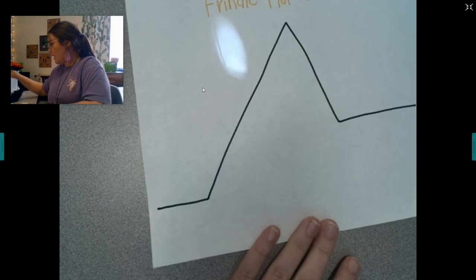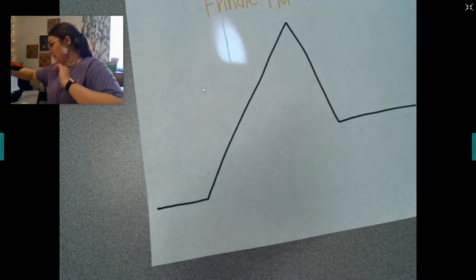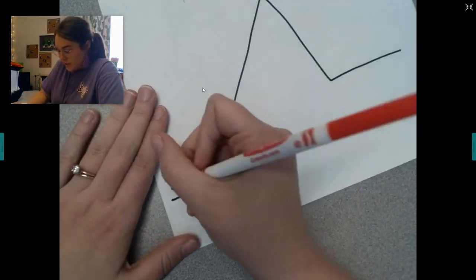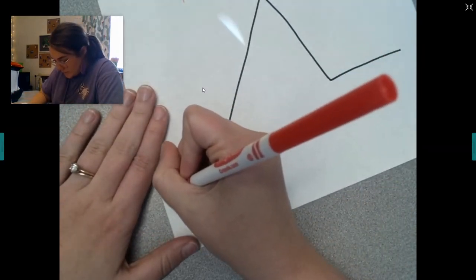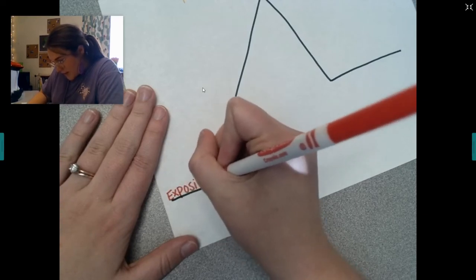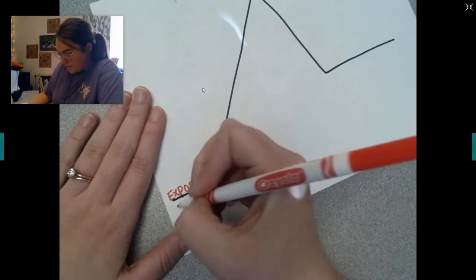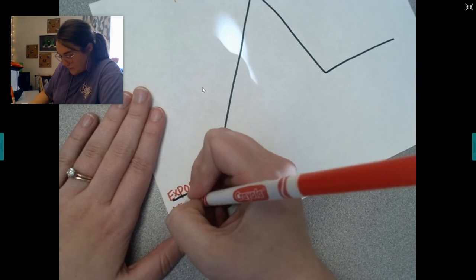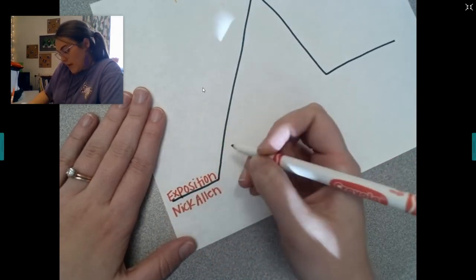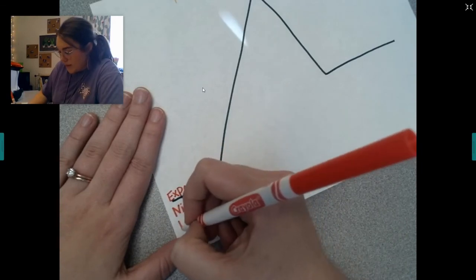Okay, so right now, our exposition. We know some characters. Our main characters, I'm going to write exposition. Our main characters are Nick Allen and Mrs. Granger.